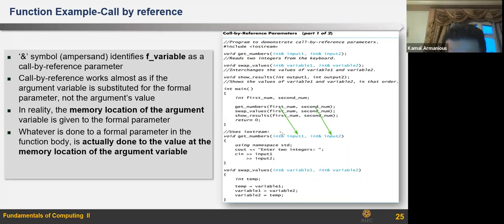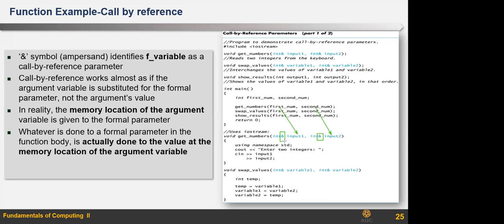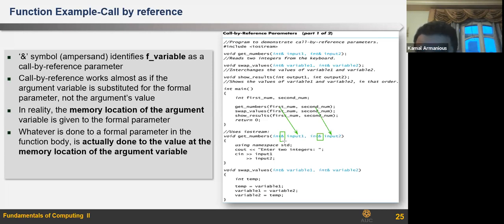And we have our friend & here. In call by value, we don't have this &, right or wrong? Yes, right. So if we see this &, this means call by reference. In call by value, first num and input 1, do they have one memory location or two?